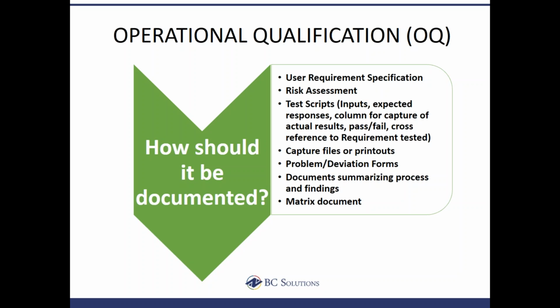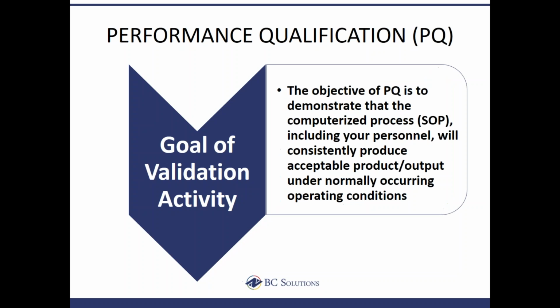And ideally, there should be some sort of matrix that cross-references the validation testing to the requirements, because later when you have to prove your validation, if you simply show that document, the FDA and the AABB can easily see that all of the requirements that had the highest risk were covered in the validation.